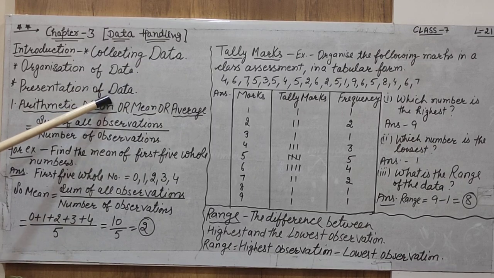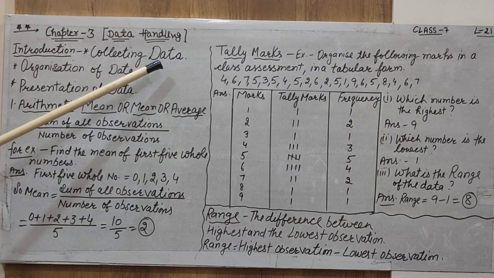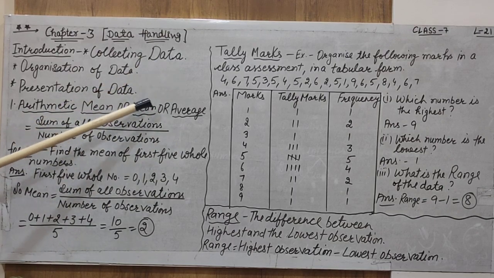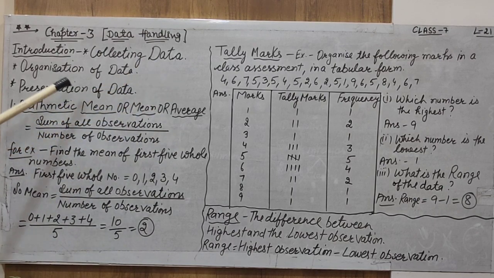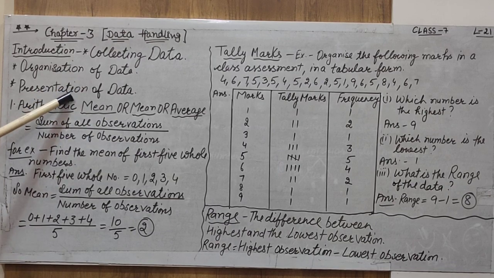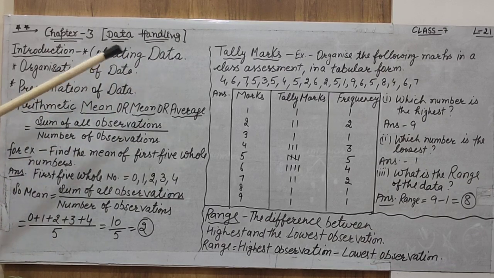Sometimes we have to find the average or mean of the data, or sometimes the tally marks from the data, the observations which we have considered, and after that the presentation of the data. These three things we have to use in data handling.